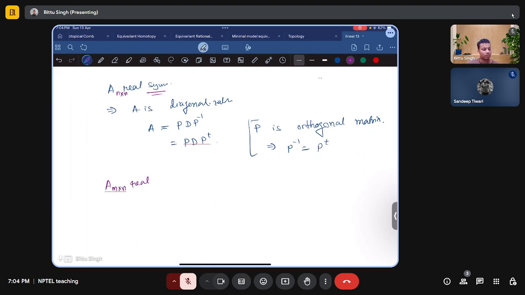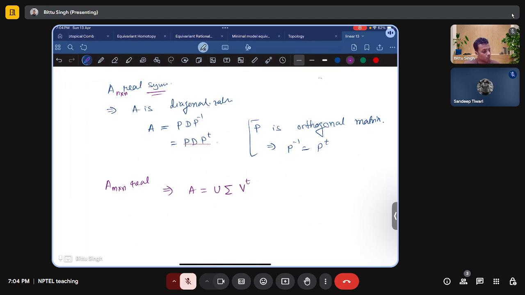The answer is that we can do a similar kind of thing, true up to some changes. Now A can be written as U sigma V transpose. It is not diagonal, so we give it the name sigma.